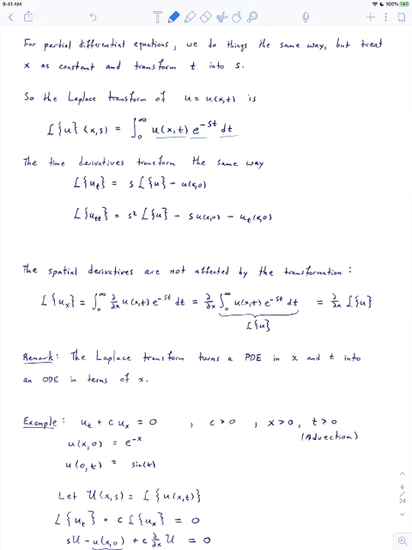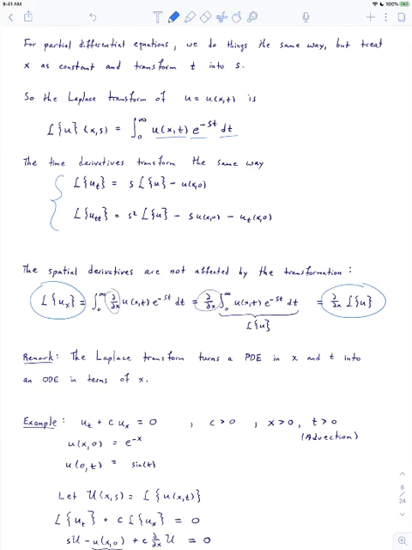The time derivatives transform in exactly the same way, so we have the same formulas, but the spatial derivatives are not affected by the transformation. So the Laplace transform of the partial derivative with respect to x is just the partial derivative with respect to x of the Laplace transform. You take the partial derivative out.